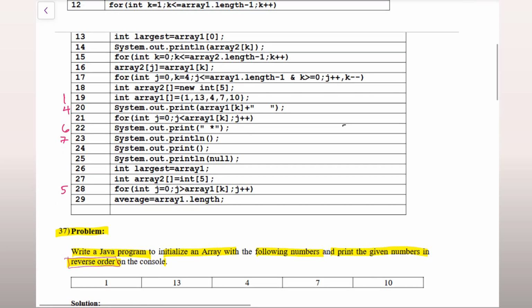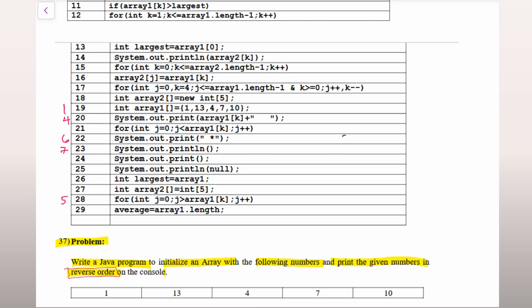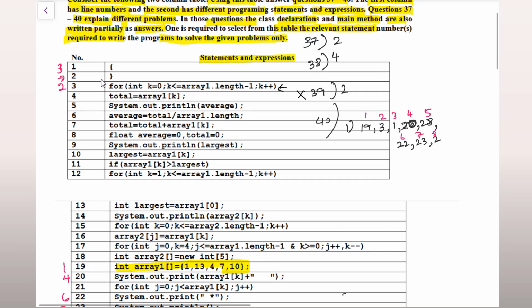Okay, so let's start with the array declaration. So that's your 1, and then 2 is basically you are doing a for loop from 0 to array1.length minus 1. So here it's less than or equal, right? So it will go through the full array.